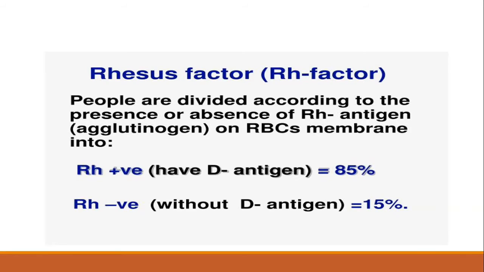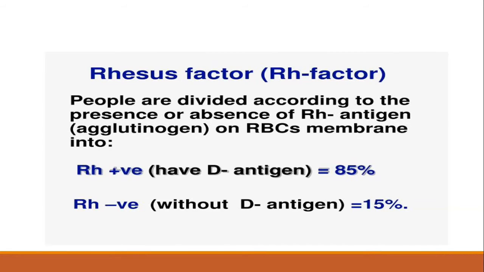People who have the RH antigen present on the surface of their RBCs are termed RH positive, while people whose RBCs do not have the D antigen, as the RH antigen is also called the D antigen, are termed RH negative.